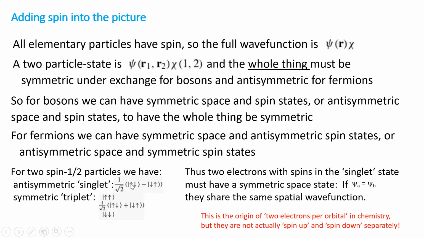It's a mixture of one being spin up and the other spin down, and the first being spin down and the second being spin up. So it's not quite that in the two electrons per orbital one is spin up and one is spin down, although roughly speaking, that's okay to think that way. But in fact, this is the quantum state that the two electrons in a given spatial orbital would have in chemistry.